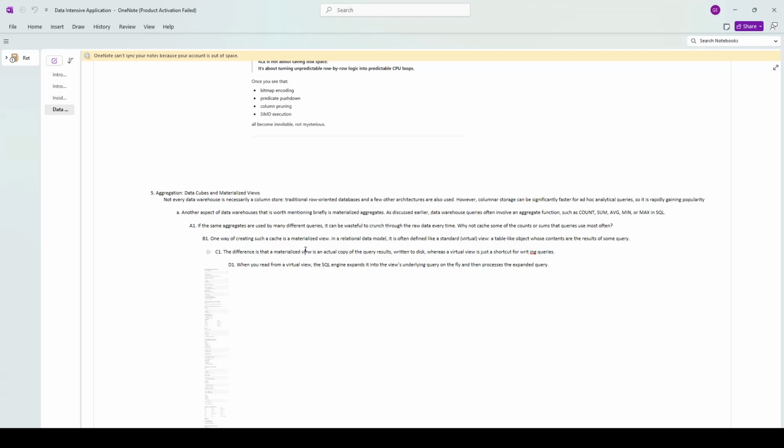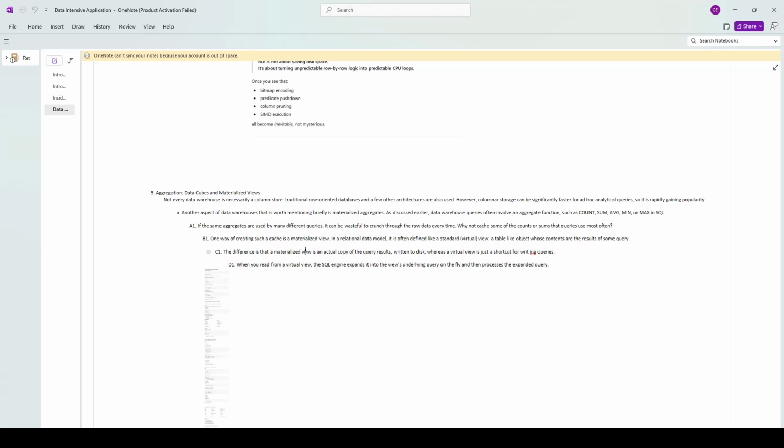So, in order for those aggregate functions to be fast, we will create a cache named a materialized view. So that's what we actually mean by materialized view. It's a cache in a relational data model. It is often defined like a standard virtual view, a table-like object whose contents are the results of some query.